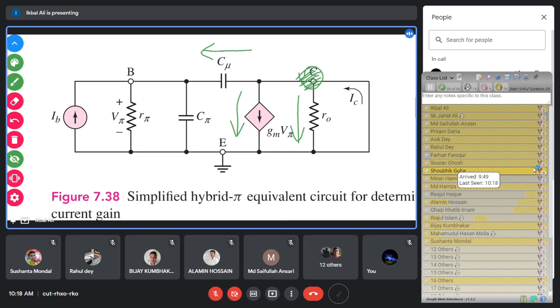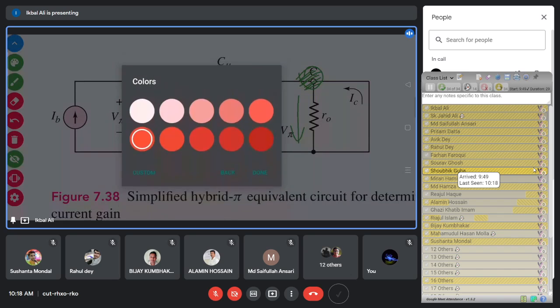What is actually the current flowing through C mu? Just as we have previously seen, what is the voltage across the capacitor C mu?